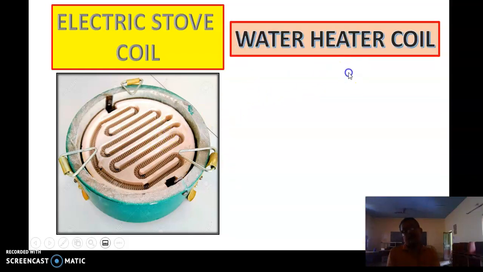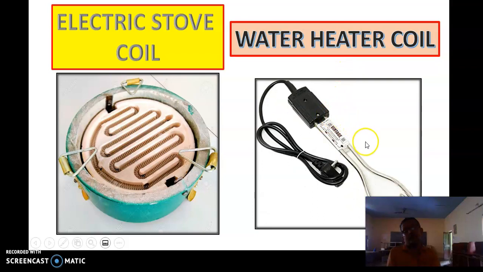And the water heater coil, I think you have seen. These are the four devices which work on the basis of the heating effect of the current: the bulb, the iron box, the electric stove, and the water heater.